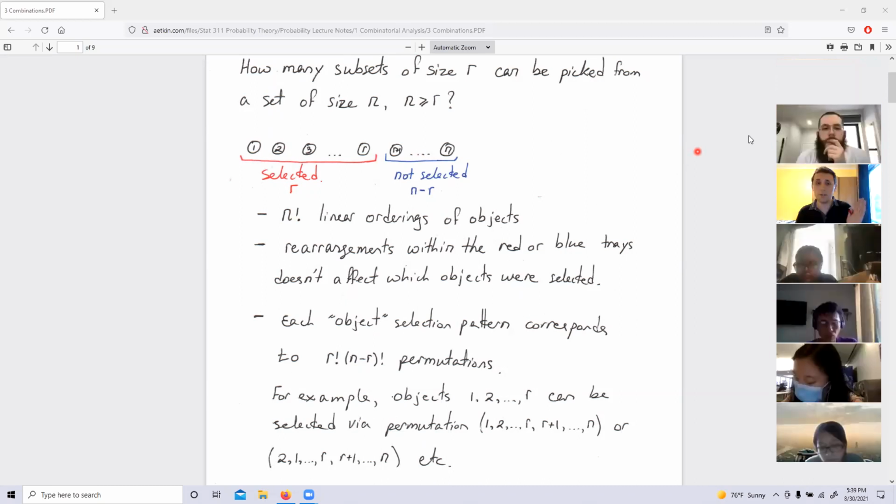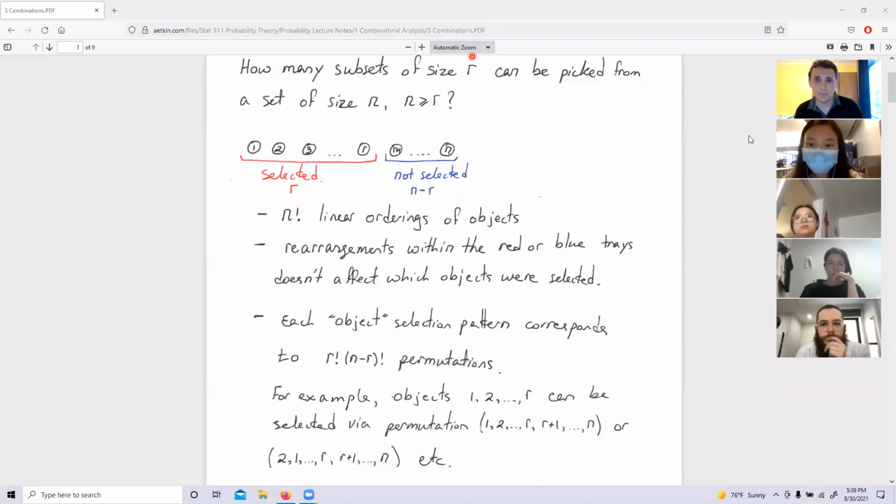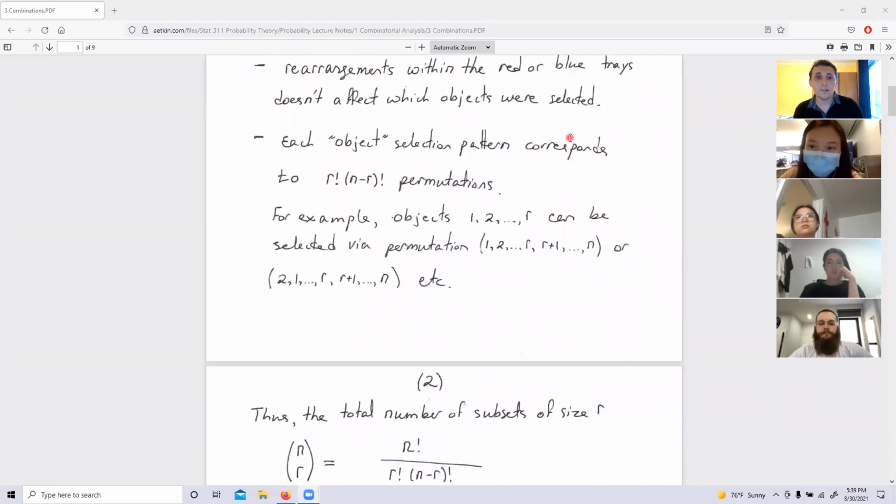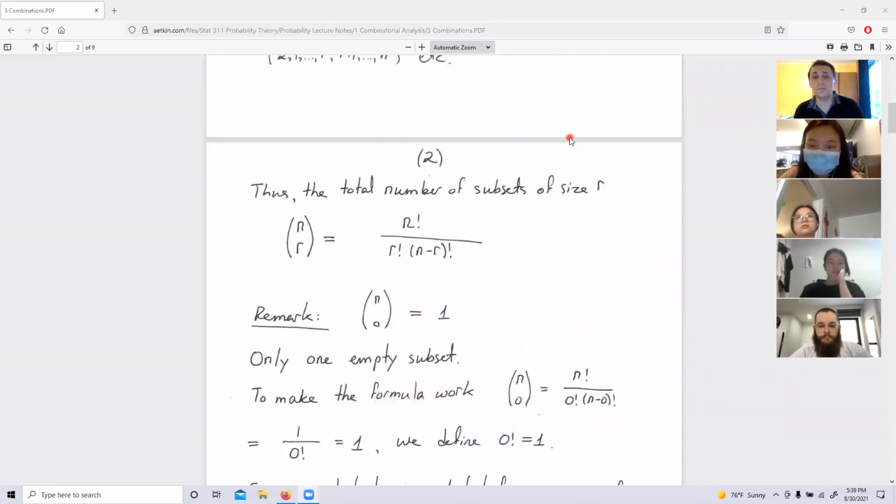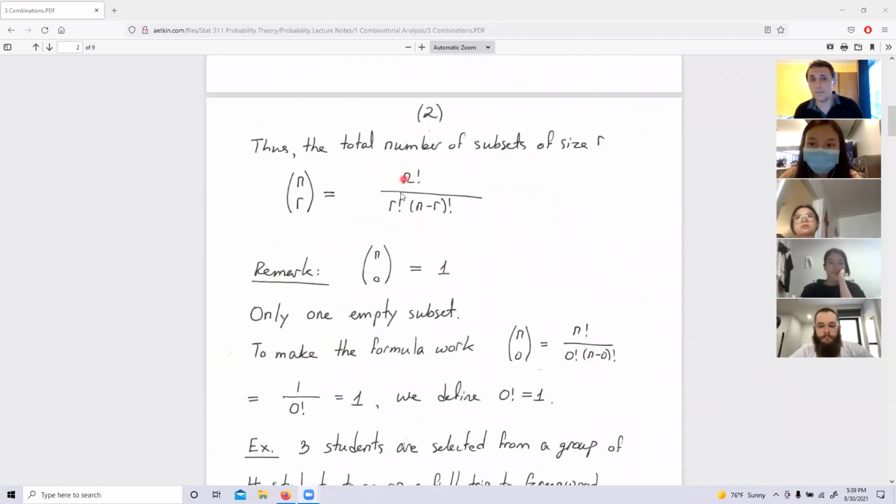And any rearrangement means the same situation. It still tells you selected and not selected. Good. So altogether, after correcting for overcounting, we have n factorial divided by r factorial times n minus r factorial.